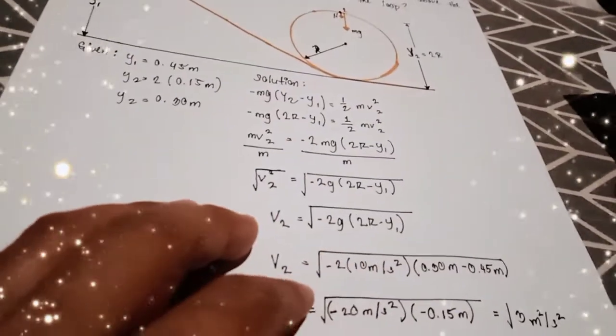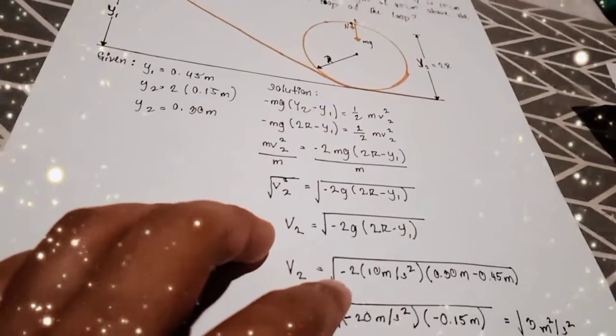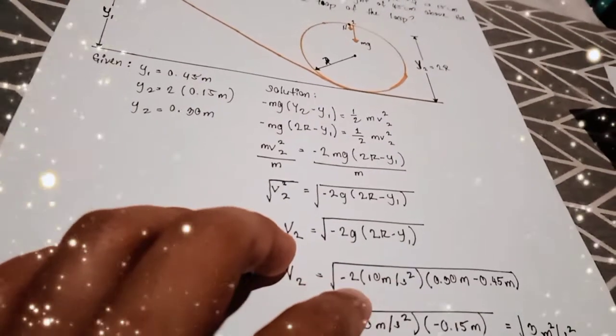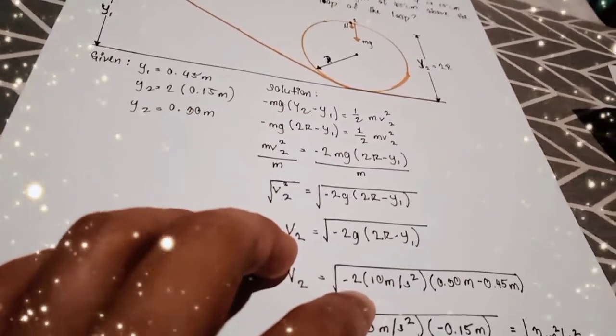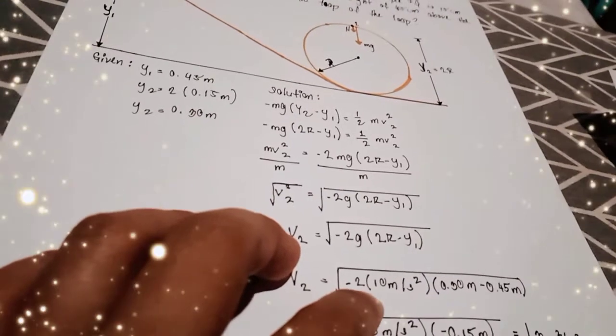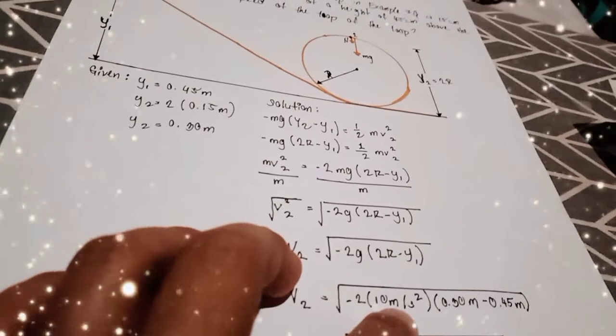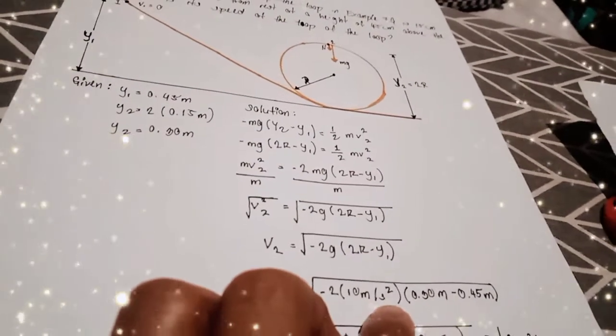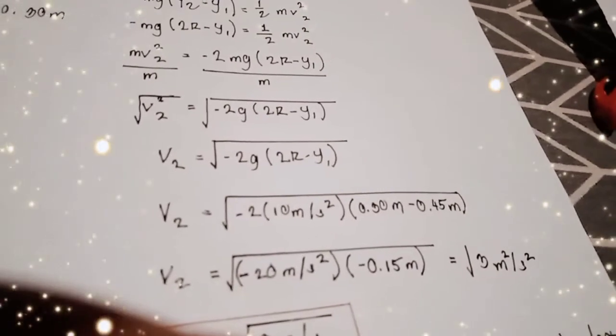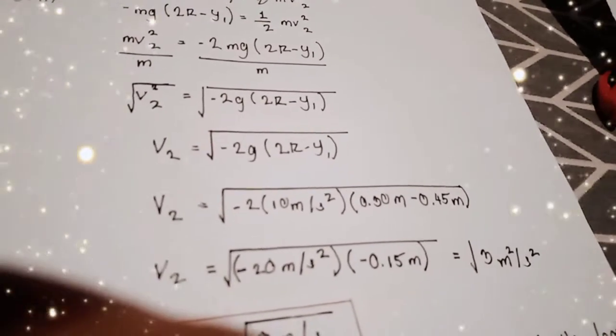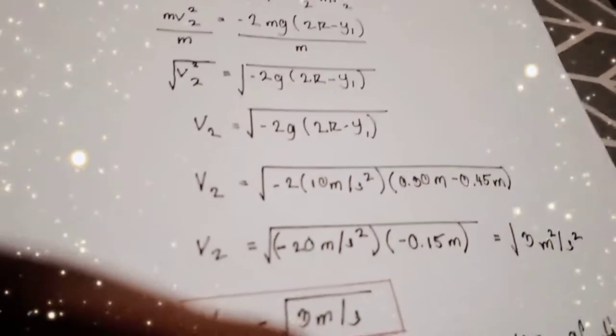So v square is equal to negative 2, which is negative 2 times 10 meters per second square, multiplied by 0.30 meter minus 0.45 meter.